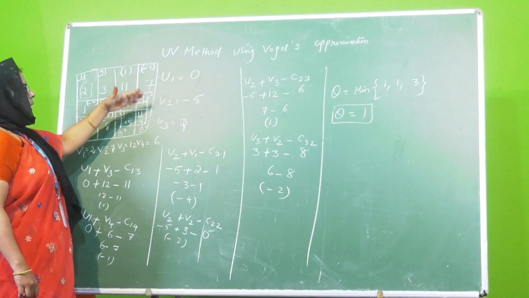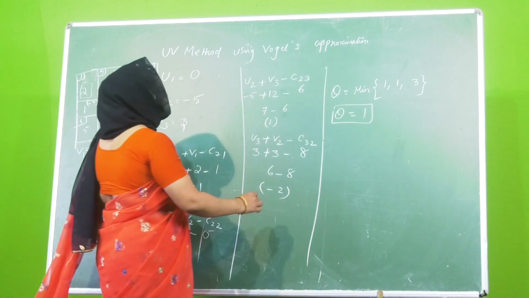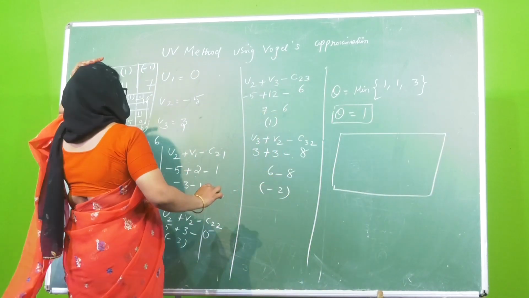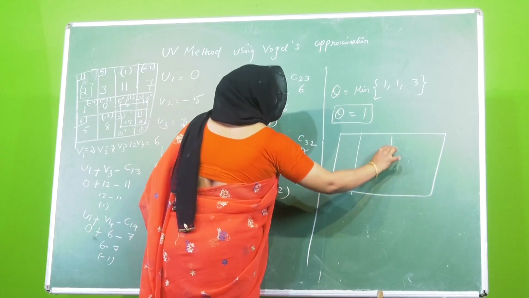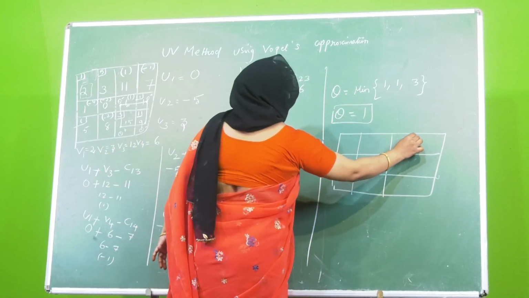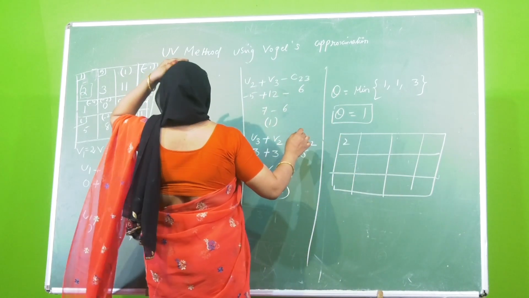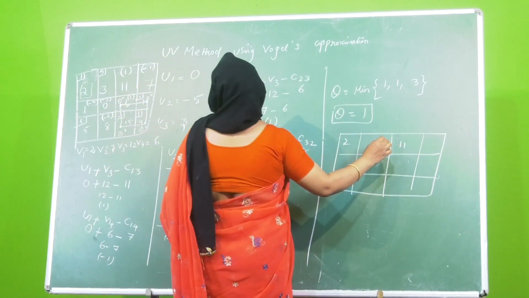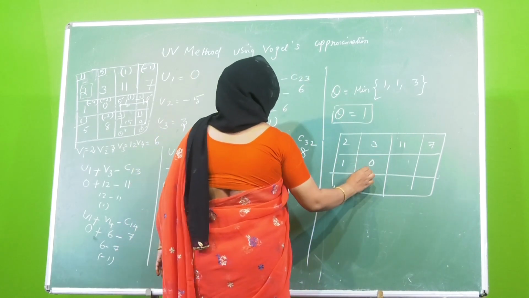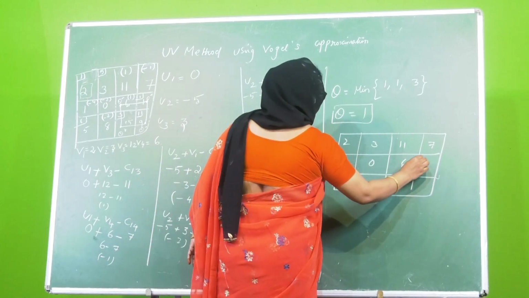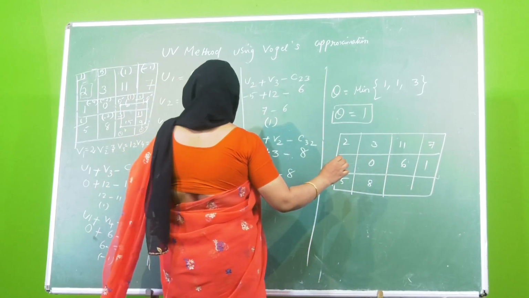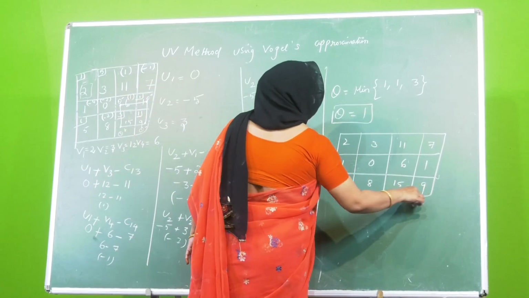Now we put another tabular column. 2, 3, 11, 7, 1, 0, 6, 1, 5, 8, 15, 9.